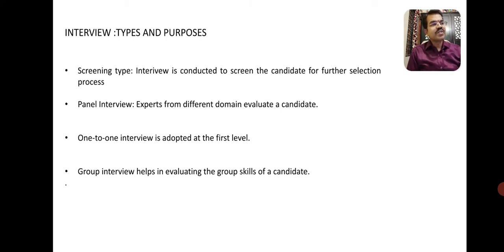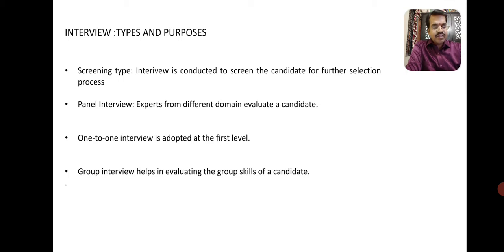First and foremost, the interview is conducted to screen the suitable candidates for the further selection process. In the first round of screening, it is very important to filter out those candidates who are not required or who do not qualify for further rounds of interview.